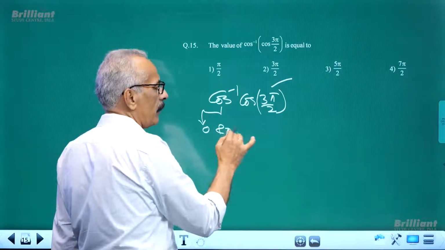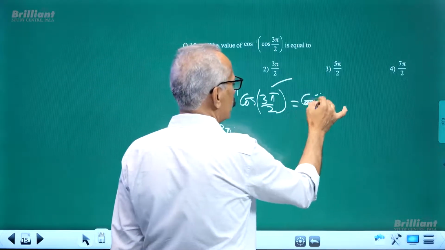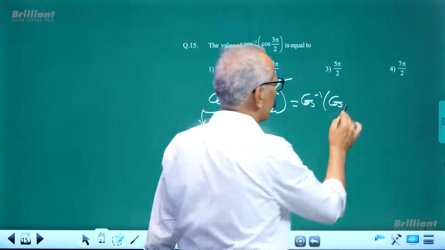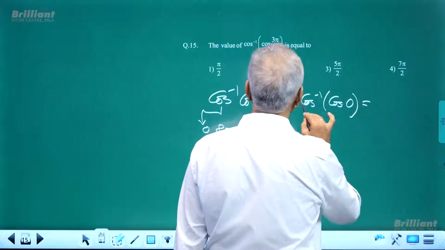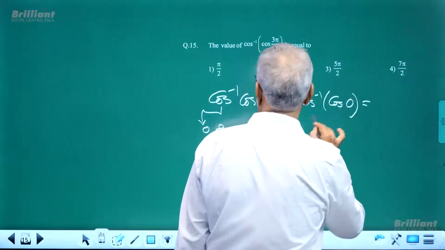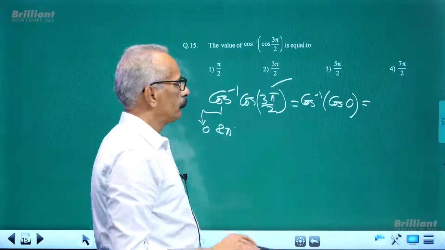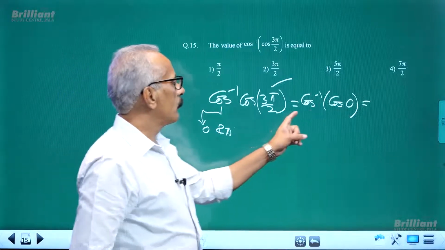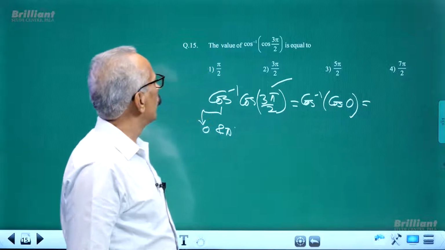0 and pi. So, what you do is this: cos inverse of cos 3 pi by 2. Cos pi by 2 is 0, cos 3 pi by 2 is also 0. That means cos inverse of 0.